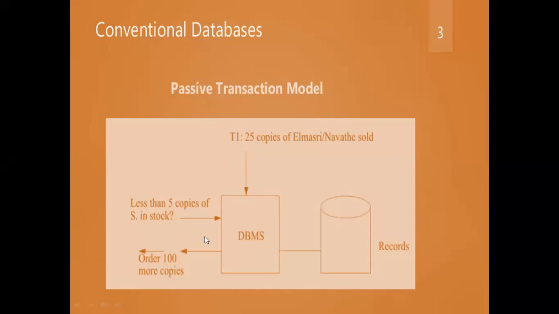Here the external clients maintain the set of rules. A transaction T1 happens when some user asks for 20 copies; one client keeps the record of how many copies have been sold, another client stores the stock details, meaning how many are left, and the order records who is ordering. So the external clients maintain this data, and we do not have a set of rules inside the DBMS to maintain our records.